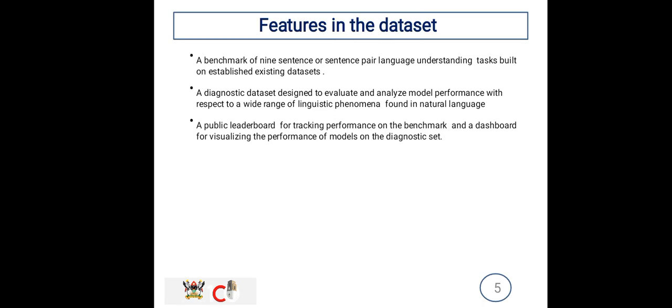Features in this data set. The data set we've identified as GLUE. Some of the features are a benchmark of 9 sentence or sentence pair language understanding tasks, a diagnostic dataset designed to evaluate and analyze model performance, a public leaderboard for tracking performance on the benchmark, and a dashboard for visualizing the performance of models on the diagnostic set.